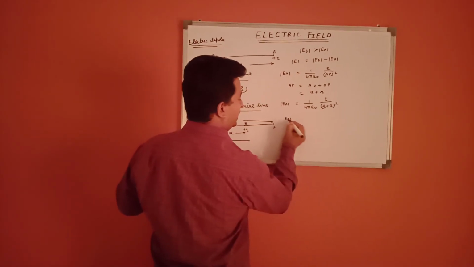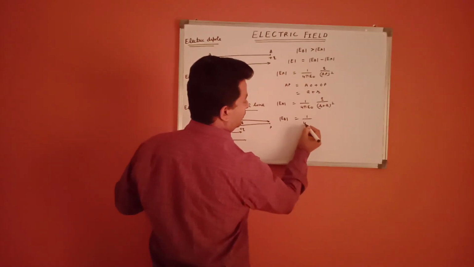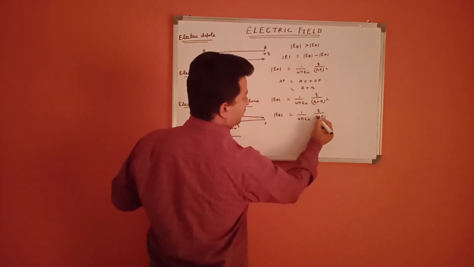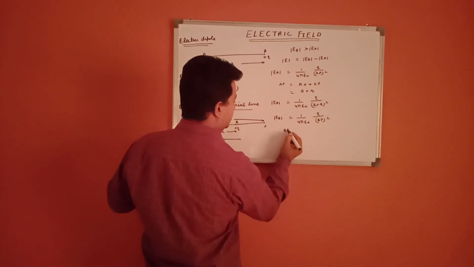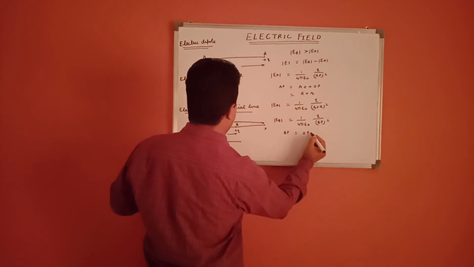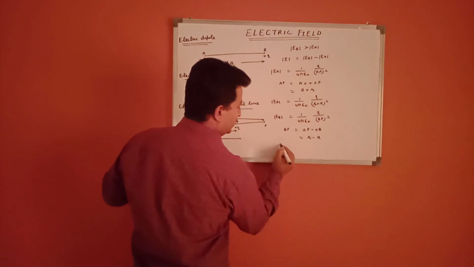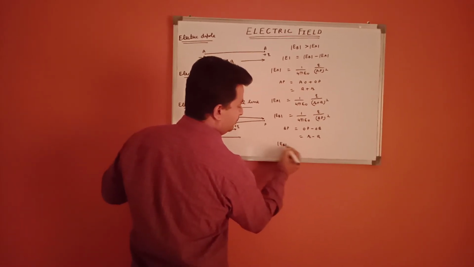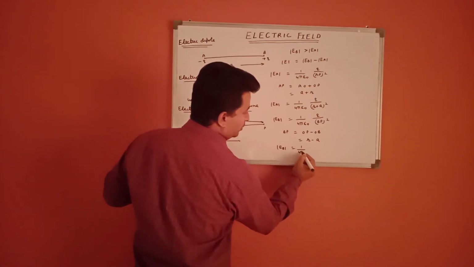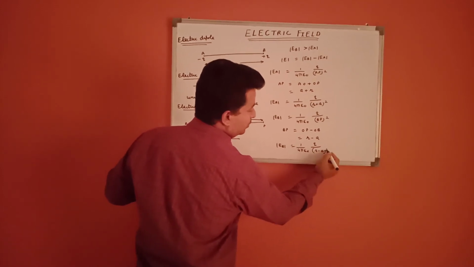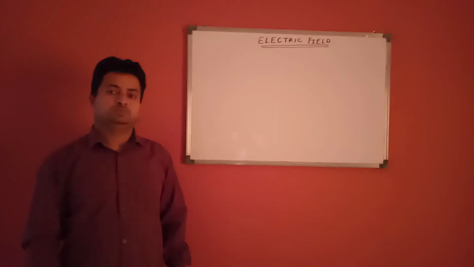Then the electric field at point B is 1 upon 4 pi epsilon naught times q upon BP whole squared. In the figure, BP is equal to OP minus OB, that is, r minus a. So the electric field at point B is 1 by 4 pi epsilon naught times q upon (r minus a) whole squared.